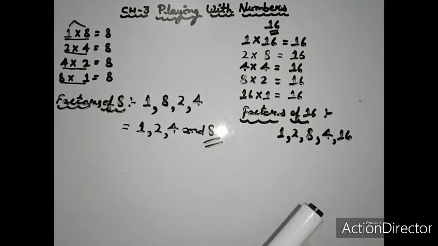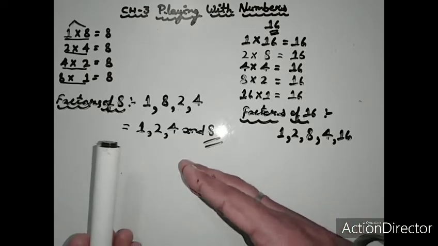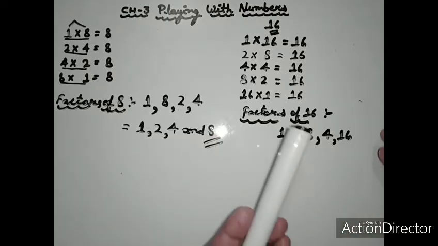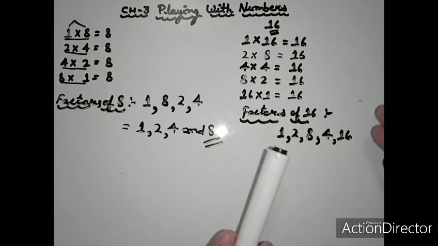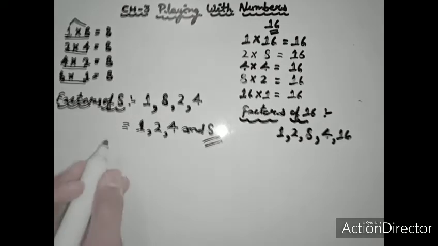Dear students, if you understand the activity related to factors of 8 and the direct method which we use to find factors of 16, you will easily understand the properties of factors. So now here we discuss some properties related to factors.